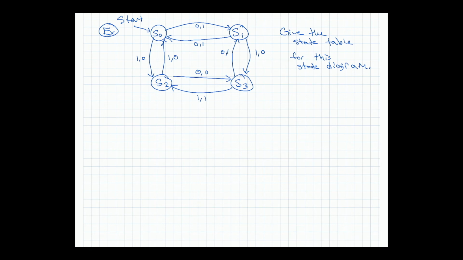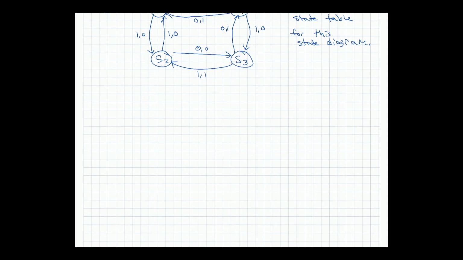So again, for a table, we have states, and you just go S0, S1, S2, S3, like that. We're going to have our F, remember, with 0 and 1.